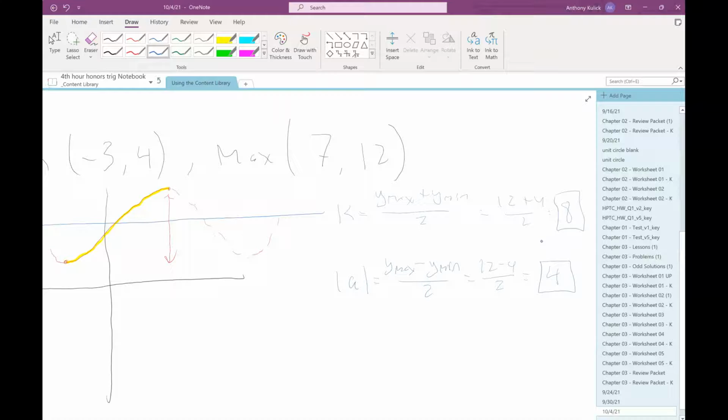So let's calculate the period next. From here to here is how much of a period? Looks like half, right? And that's going to be x to the right minus x on the left. Oh, I'm sorry.